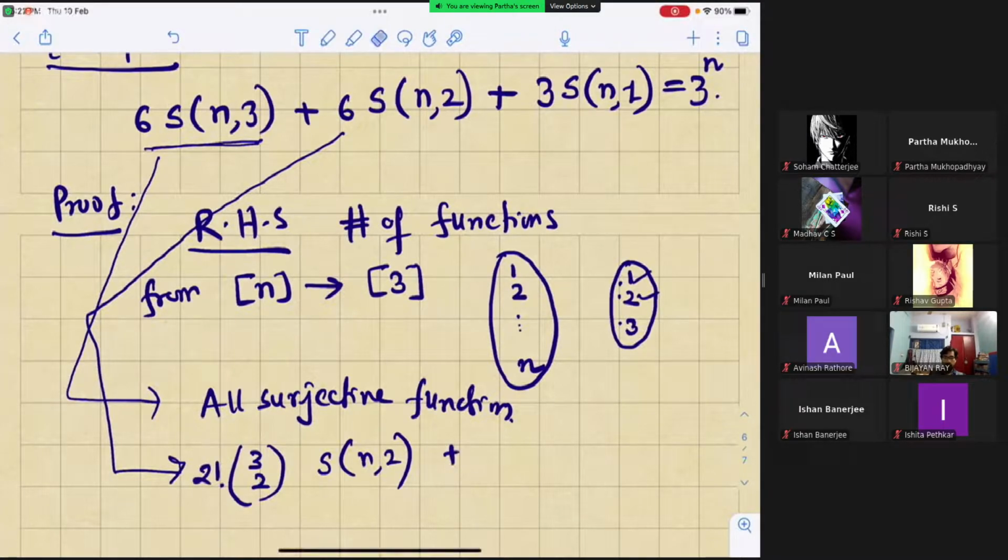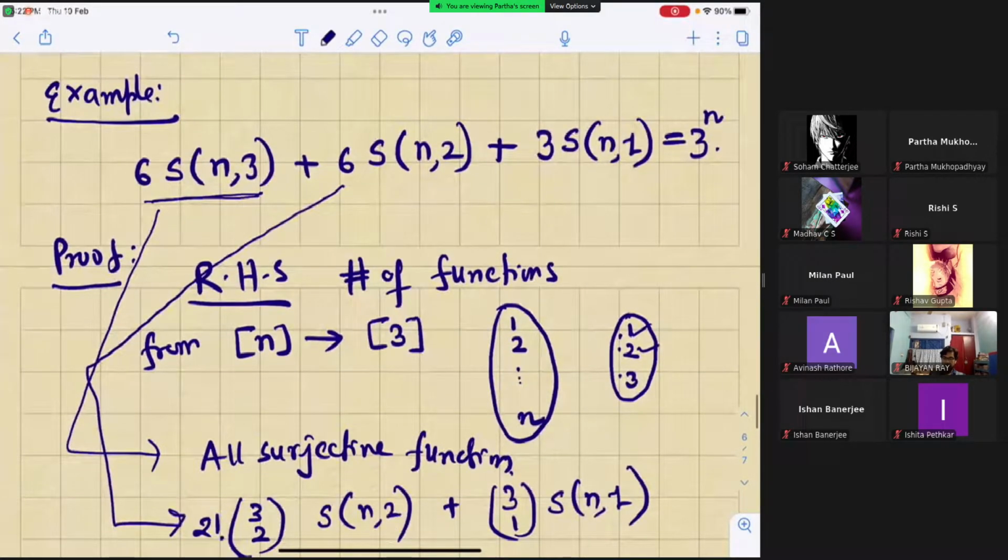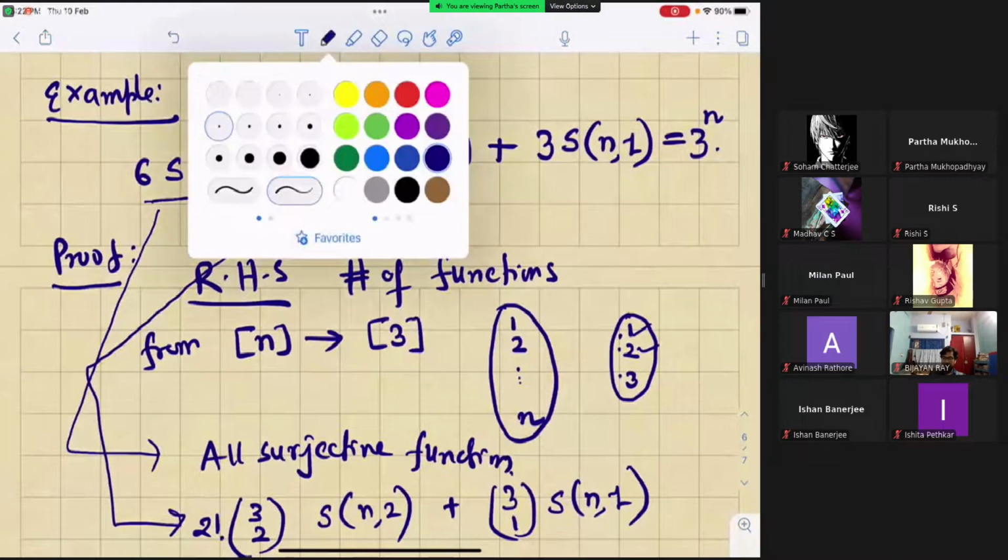And the final one, you choose just one, and 2 are empty. So 3 choose 1. Everything should go there. There is nothing to label, and that's it. So these are the possibilities that can happen. So left hand side equals right hand side. Clear?